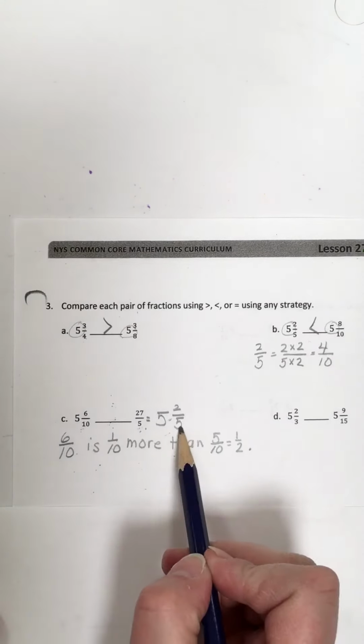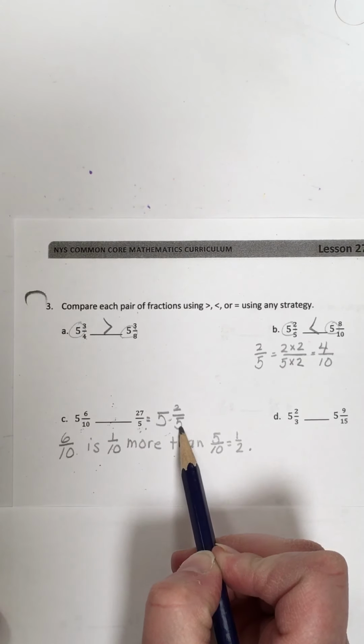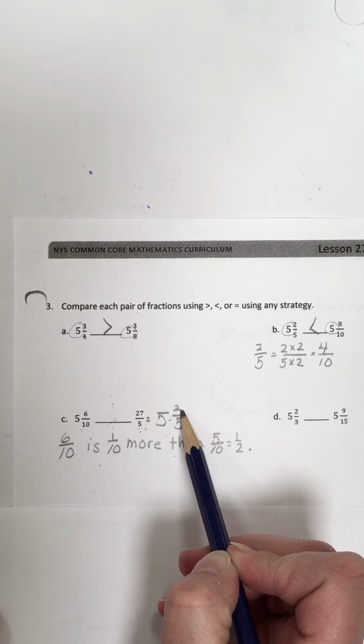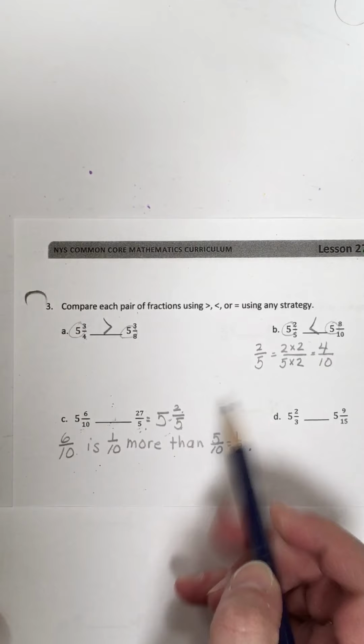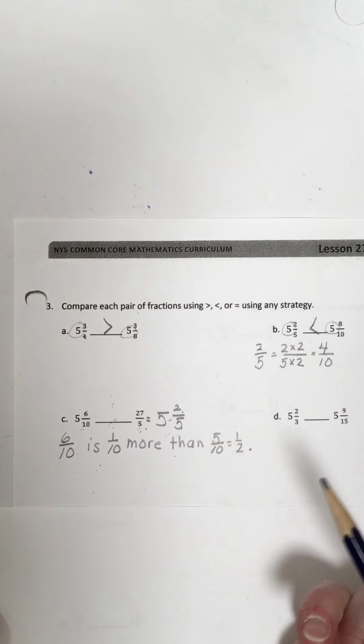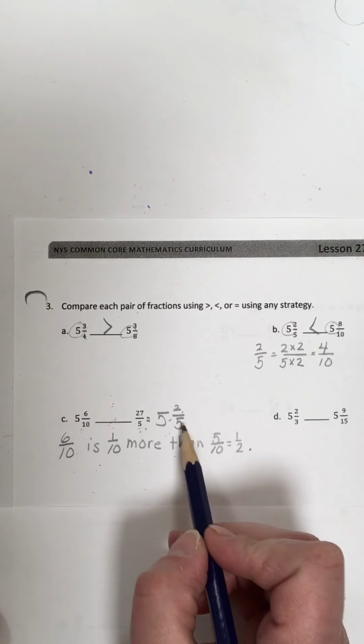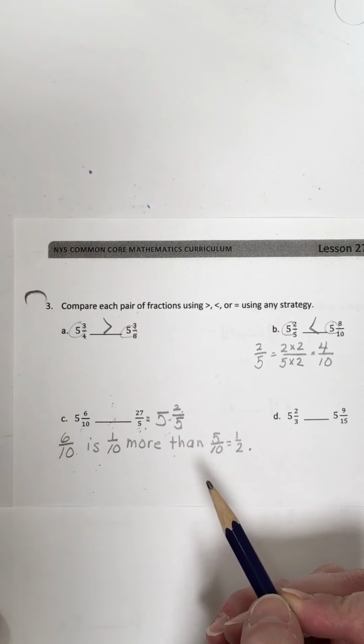When I look at fifths, it's an odd number. So it can't be 2 because 2 plus 2 would be 4/5, and that wouldn't be a whole. It can't be 3 because 3 plus 3 would be 6. So it'd be like 2 1/2.